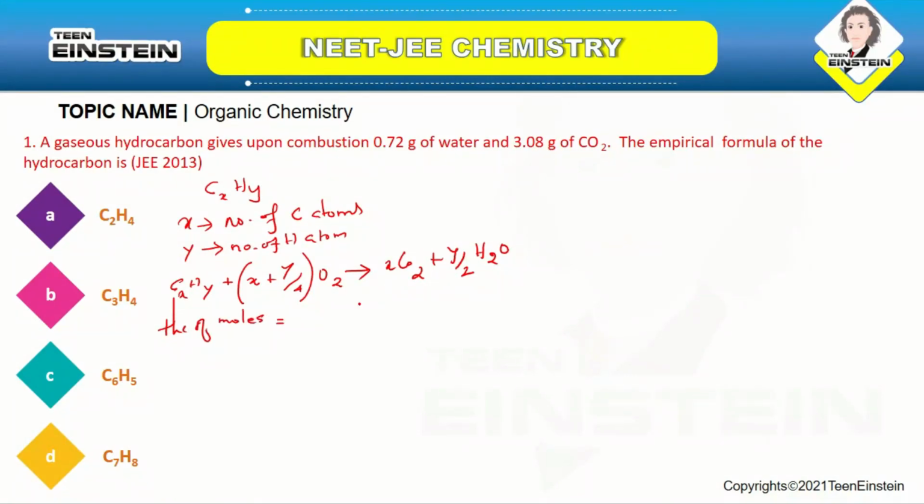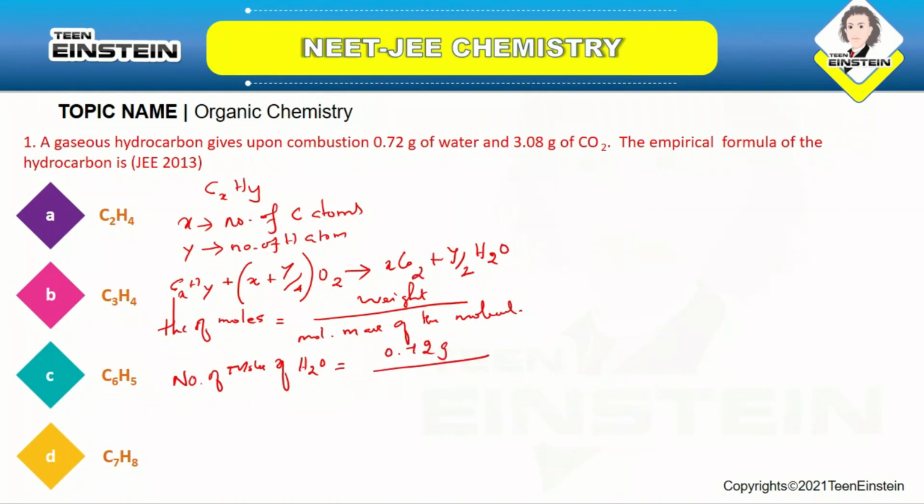So we know the number of moles is equal to weight divided by molecular mass of the molecule. So the number of moles of water is equal to, here we know the weight of the water molecule, that is 0.72 gram. The molecular mass of water is 18 gram per mole.